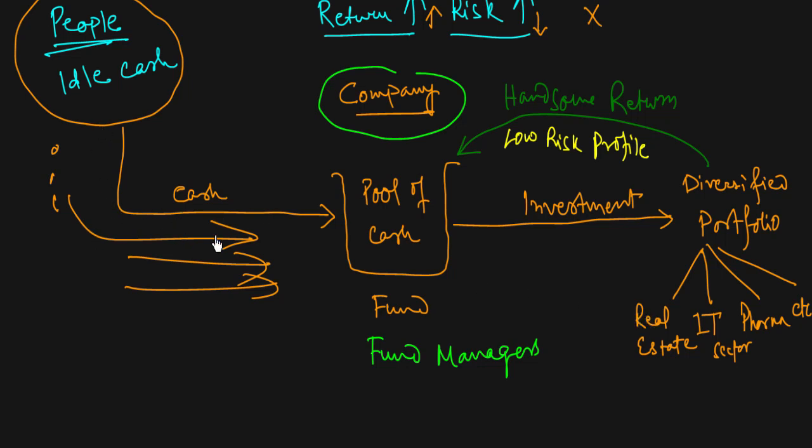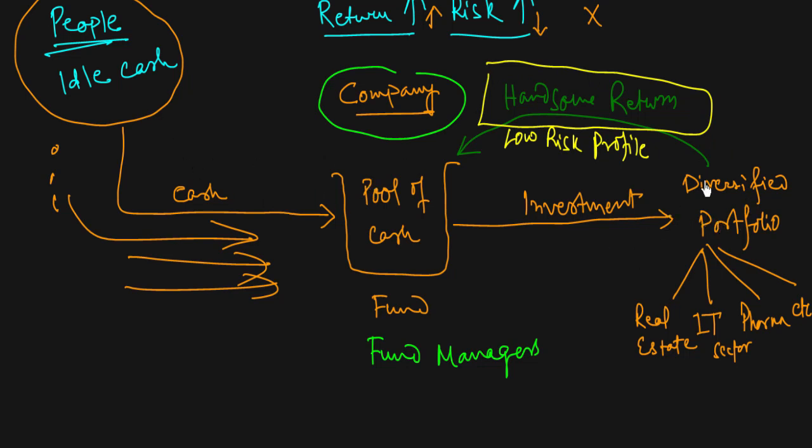So pooling all the little amounts of cash from different people in the society, creating a fund out of it and investing it into a diversified portfolio is all that a mutual fund does. And what does it take in return? It takes a part of the reward which it is earning for its investors.